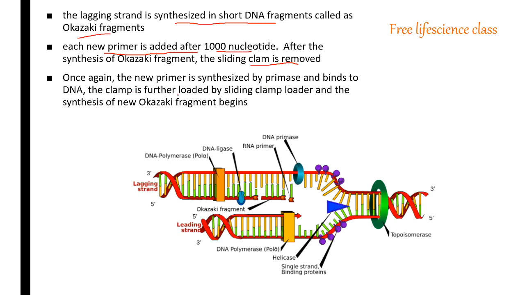The clamp is further loaded by the sliding clamp loader and synthesis of a new Okazaki fragment begins. This process is continuous. Once again this sliding clamp is dissociated, then it binds to the new DNA polymerase and again starts to synthesize Okazaki fragments. This process will take place until the termination sequence is reached. Okay. And after the synthesis of Okazaki fragments, the DNA ligase.